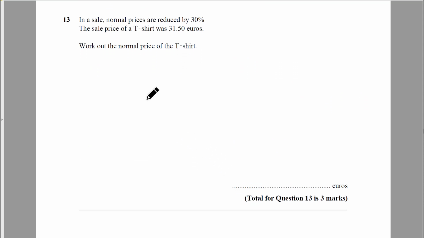Right, this should be bank marks. Work out the normal price, which is the same as original. Remember, I've shown you 2 ways, but I'm just going to say 100% minus 30% is going to be 70%, right?